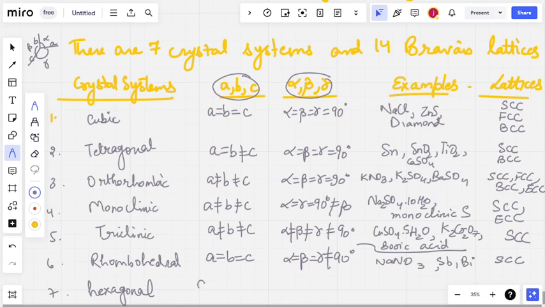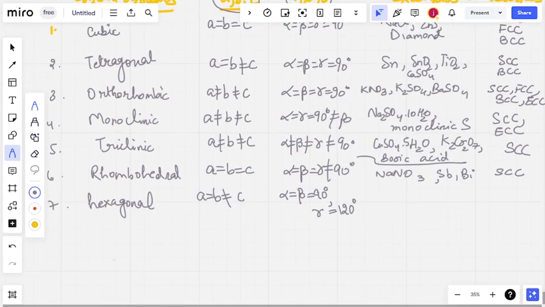Hexagonal. Now the two sides are equal but not equal to the third side. Alpha is equal to beta is equal to 90 degree and gamma is equal to 120 degree. Correct? Examples of this include magnesium, zinc oxide, graphite, etc. And the lattice is SEC.